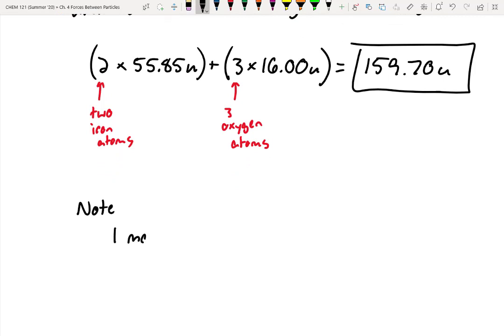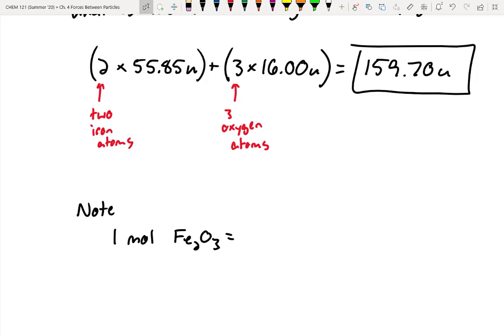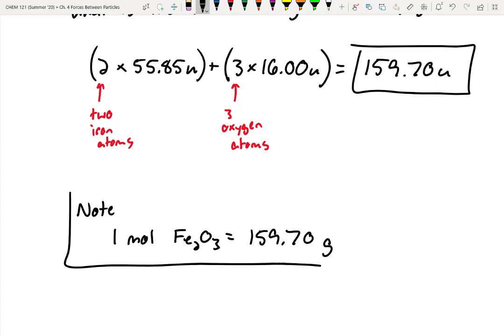It is important to remember that back when we talked about the mole, we said that 1 mole of a given substance, in this case iron(III) oxide, is going to be equal to its formula weight in grams. So in this case, it'd just be 159.70 grams. So this is a really useful conversion when you're doing a lot of these math problems.